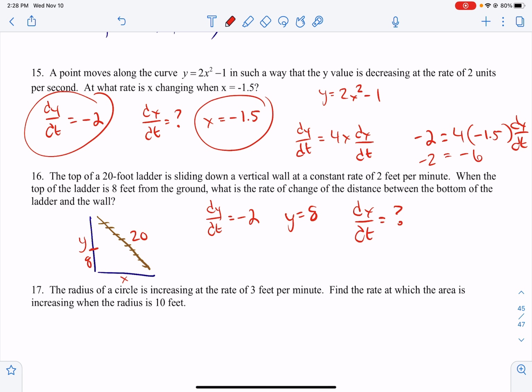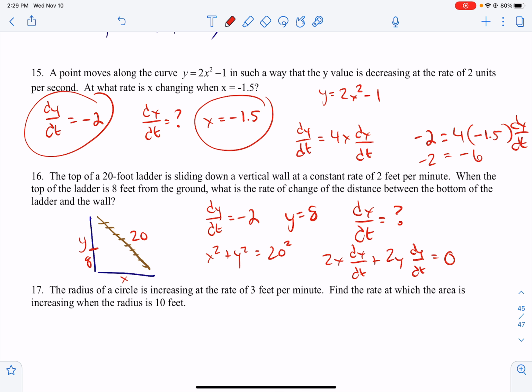Well, I know a formula with x and y and my hypotenuse, the ladder, right? X squared plus y squared equals 20 squared. And if I take the derivative of this function, I get 2x dx dt plus 2y dy dt equals 0.